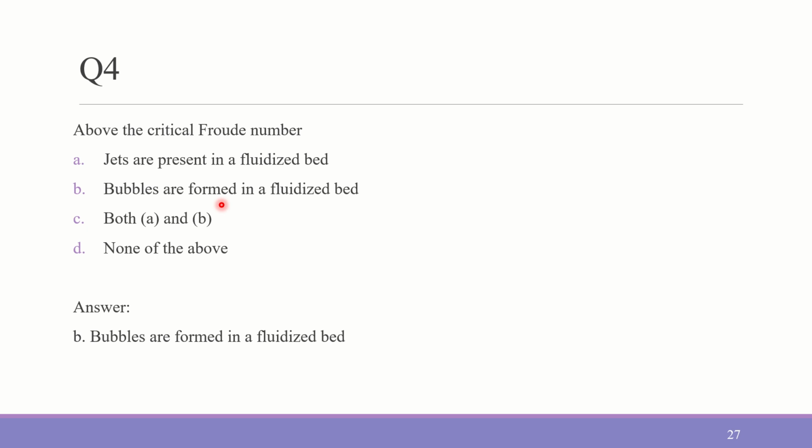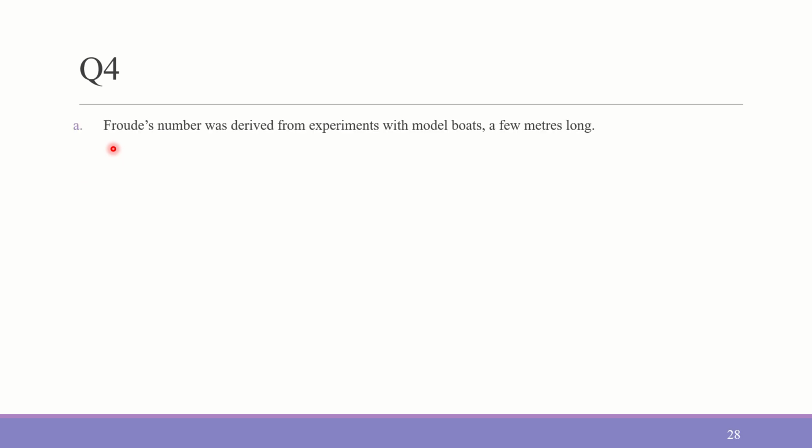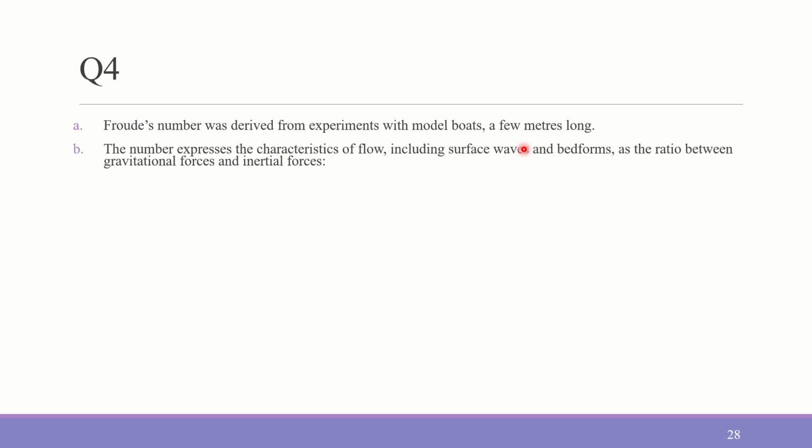And if we look at the explanation for why, remember the question is about above the critical Froude number. What happens? Bubbles are found in a fluidized bed. Froude's number was derived from experiments with model boats a few meters long. Froude's number, as we all know, is a dimensionless number. So what is the importance of Froude's number? It was derived using experiments conducted with model boats, and the number expresses the characteristics of flow, including surface waves and bed forms, as a ratio between the gravitational force and inertial forces.